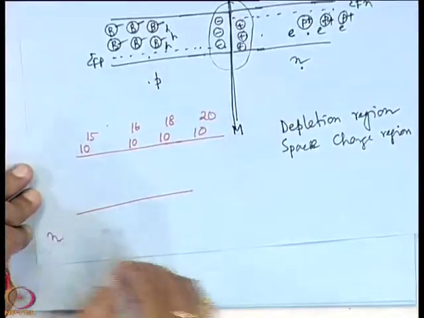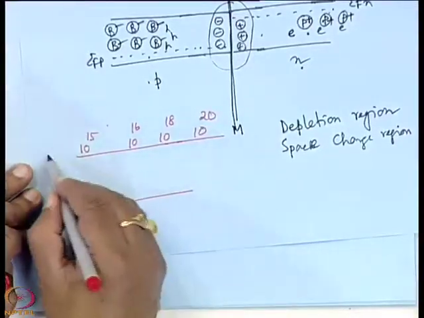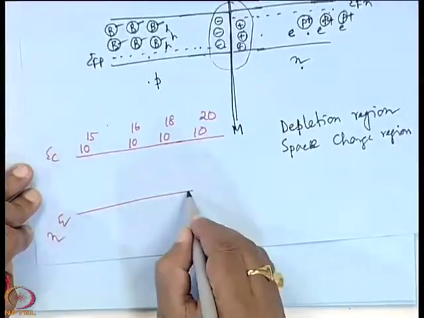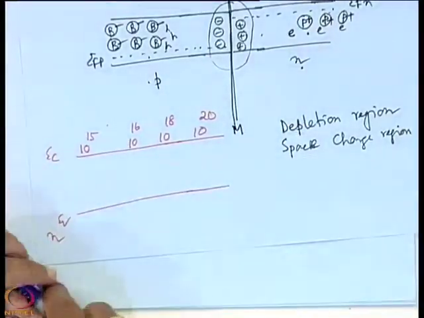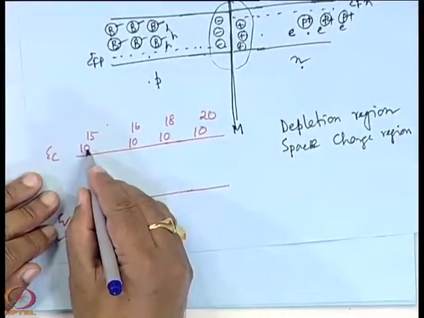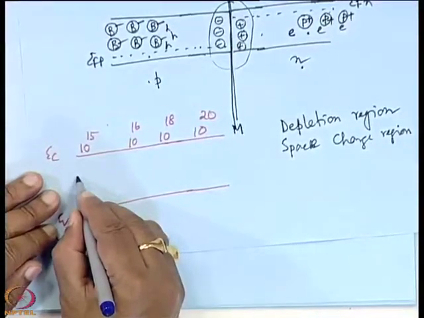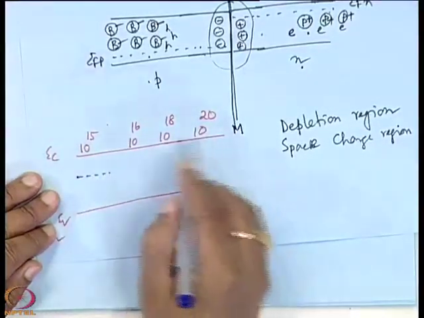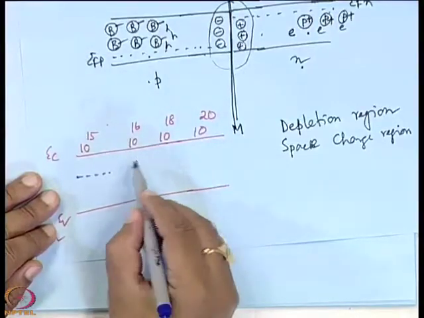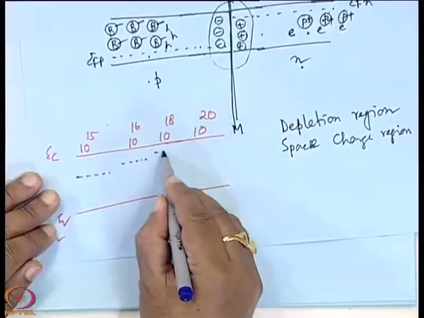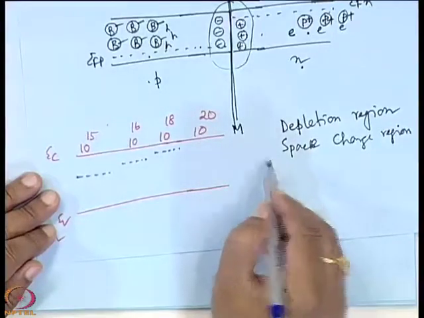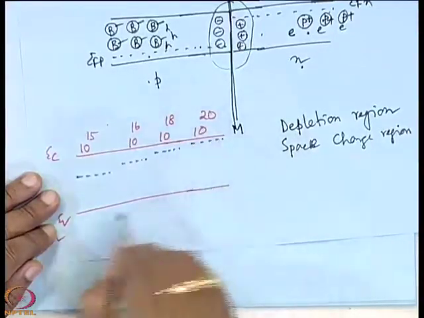Say it is an n type material, this is the conduction band edge, this is the valence band edge. So, what should be the Fermi level? For 10 to the power 15, say it is here, for 10 to the power 16, for 10 to the power 18, more close, for 10 to the power 20, sufficiently close.